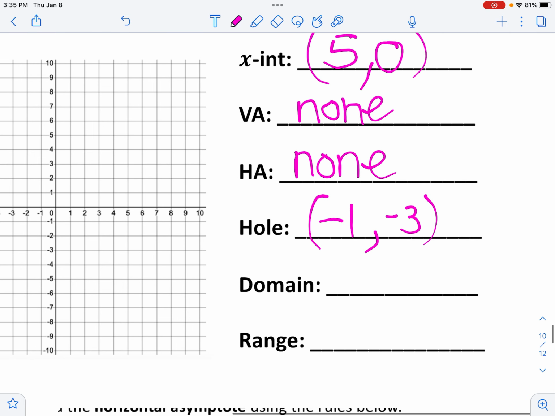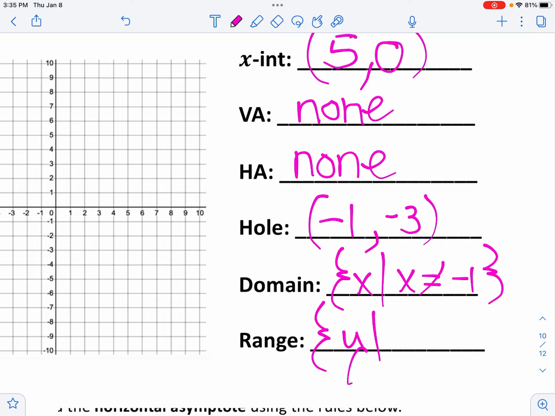Now my domain, let's do this such that x cannot equal, well, I don't have a vertical asymptote, but I do have this spot where I can't equal, and that's at -1, so cannot be equal to -1. The range, again, I don't have a horizontal asymptote, but I do have a y value. So cannot be equal to -3.